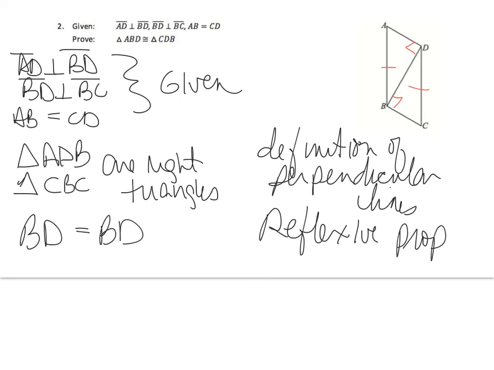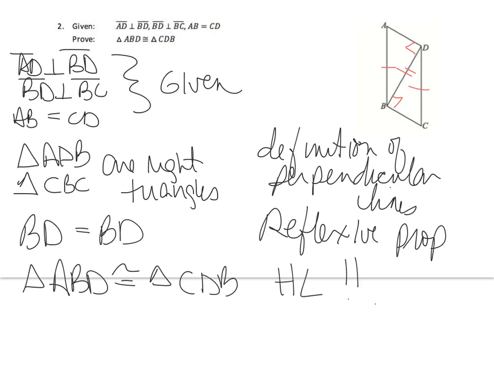Let's mark that. Remember when two triangles share a side, go ahead and mark them congruent. Now I can actually say that triangle ABD is congruent to triangle CDB because of hypotenuse leg. Okay, hypotenuse leg can be pretty easy once you identify it as a right triangle.